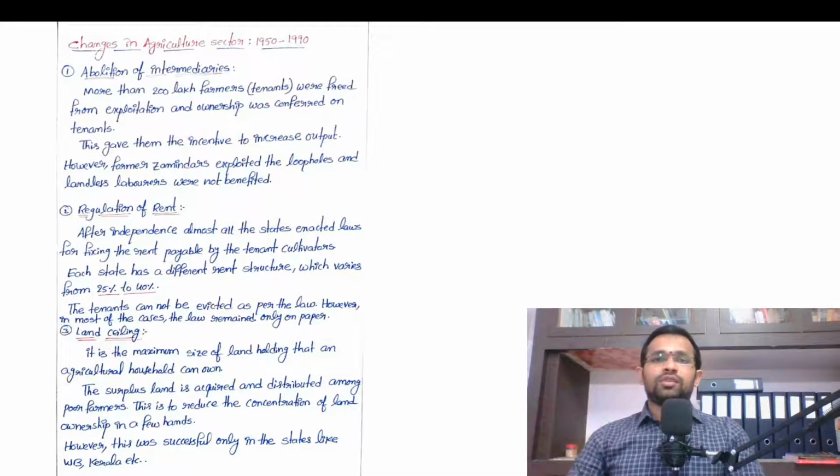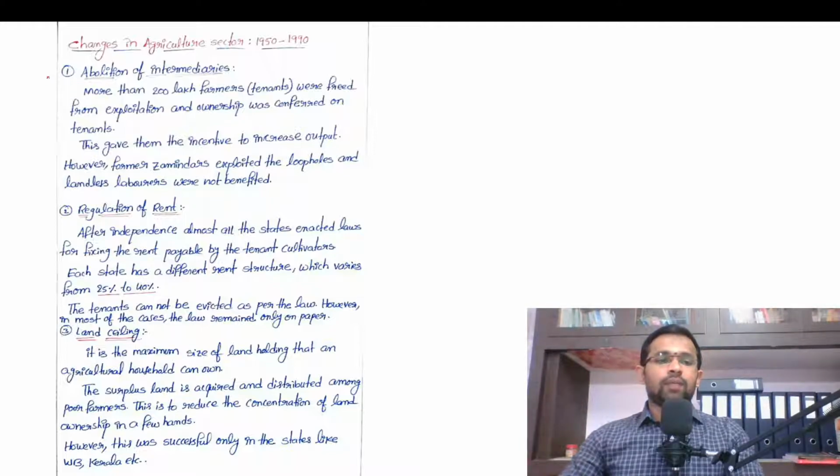So the main objective of the land reforms is to confiscate excess land from the landlords and to distribute among the landless, right? So the following points which are going to be discussed right now are part of the land reforms, right?